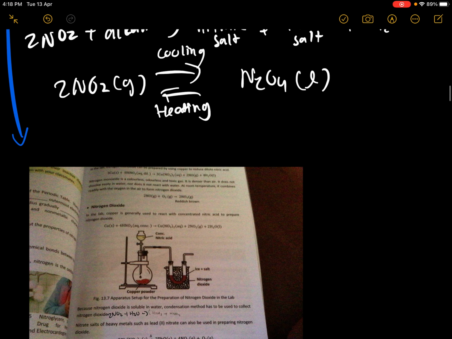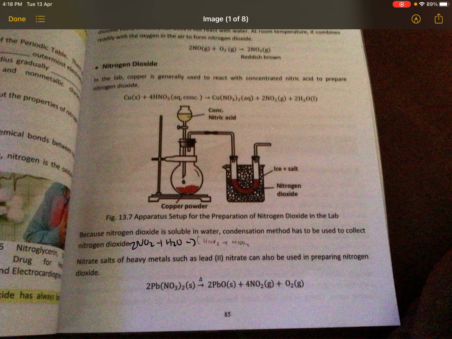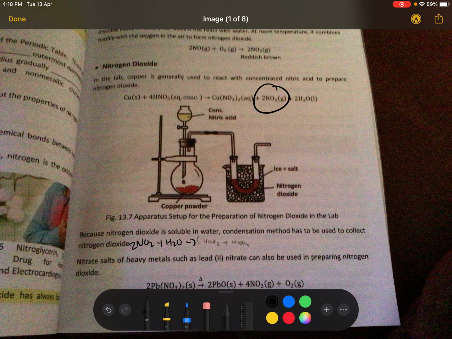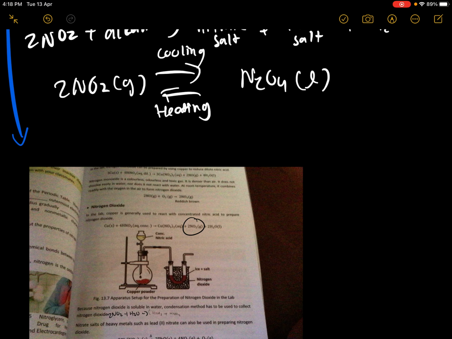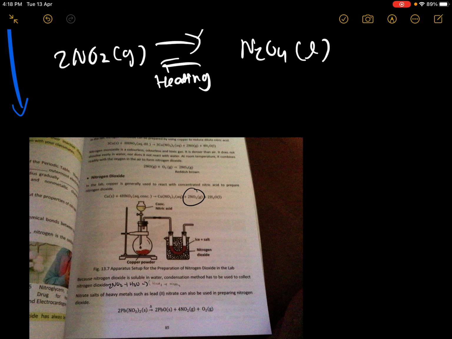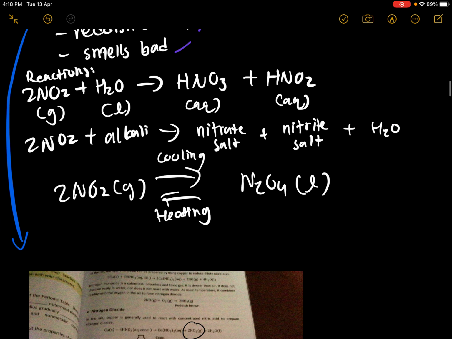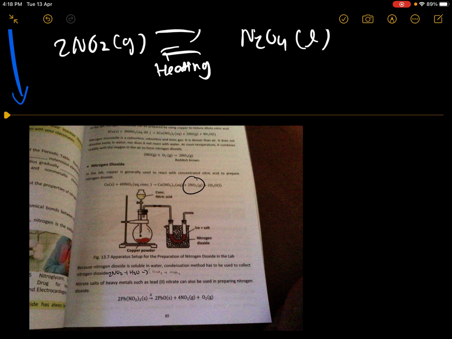When you prepare nitrogen dioxide gas in the lab, you do not want it to react with water because of the reaction I mentioned earlier: 2NO2 plus H2O becomes HNO3 plus HNO2.